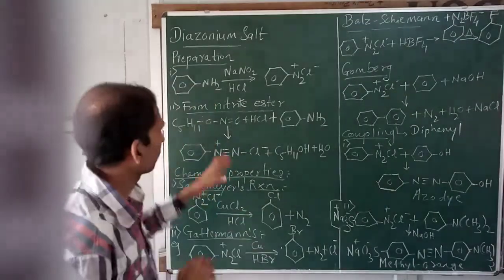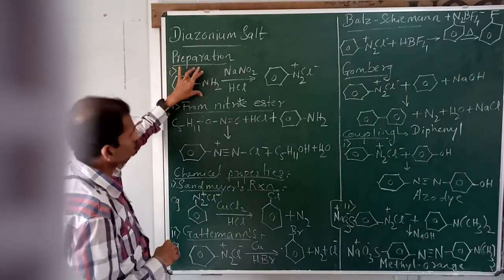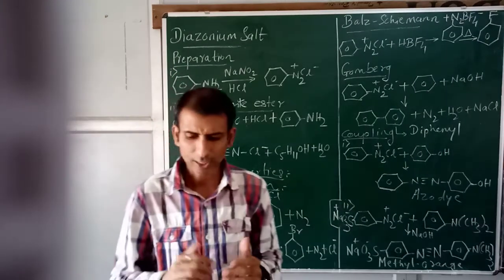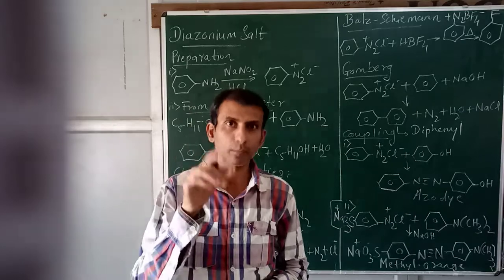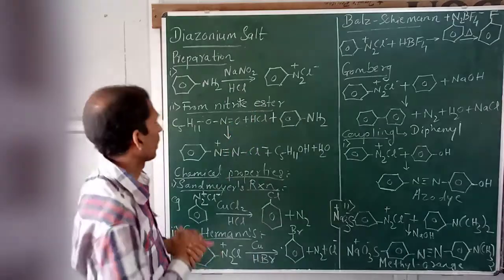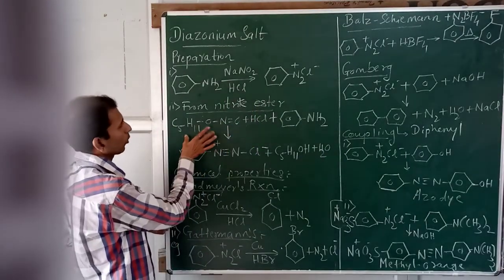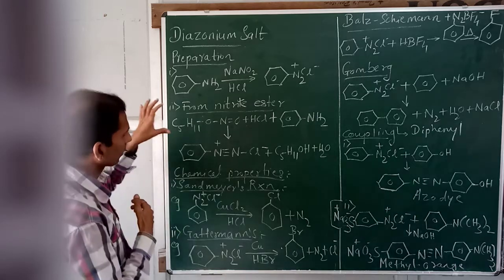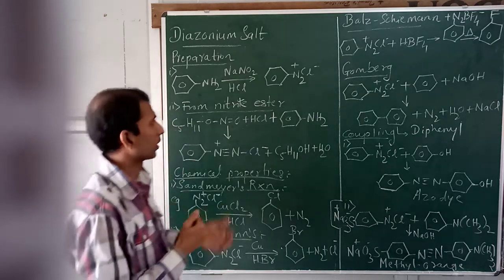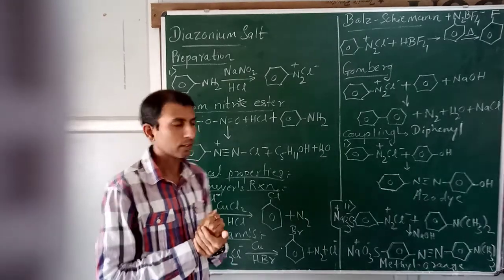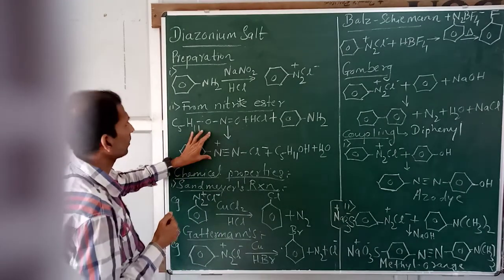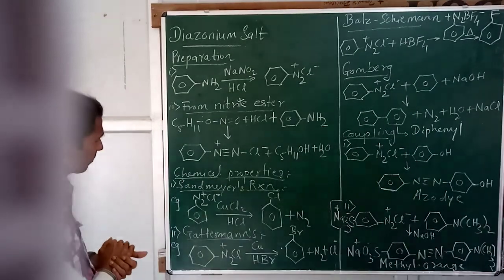So this first reaction, diazonium salt preparation, is very easy but very important, and it is more important because here they are introducing a new reactant, that is nitrite ester. So this preparation is more important in this part.